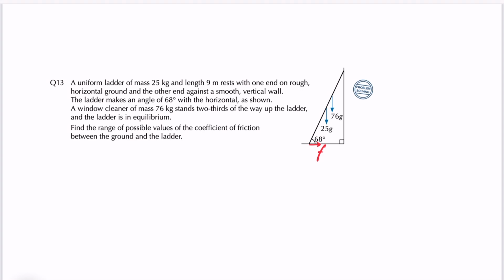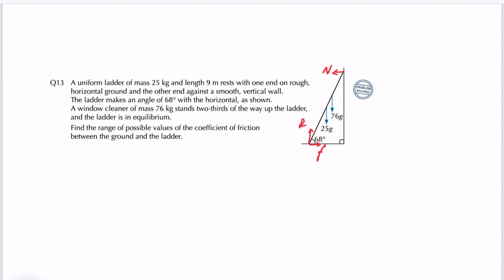That means all the forces acting on the ladder can cancel each other out. Could we find a range of possible values of the coefficient of friction between the ground and the ladder? Well, in that case, shall we try to label out all the forces that are acting on the ladder at this point? There's a normal contact force. There's another normal contact force.